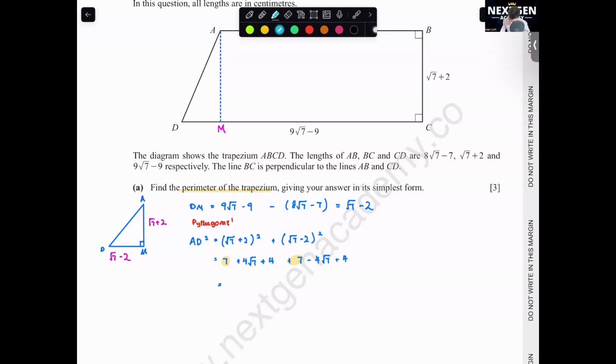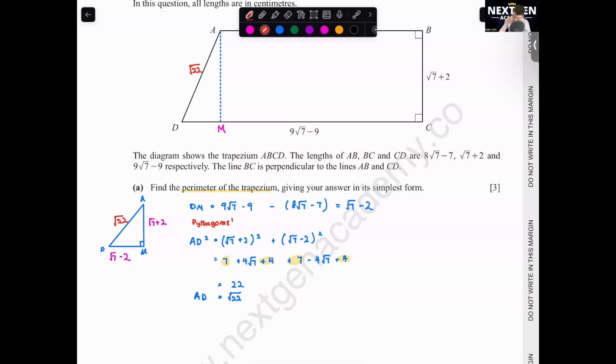Okay. Then 4 and 4. Okay, 4 root 7 minus 4 root 7, this one to minus off. So 7 plus 7 plus 4 plus 4, we'll get here 22. Okay, then AD is equals to root 22. So this part root 22.